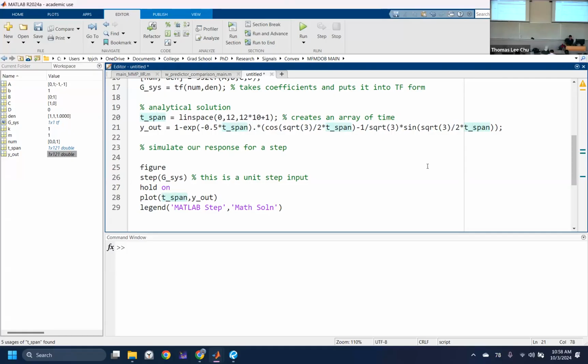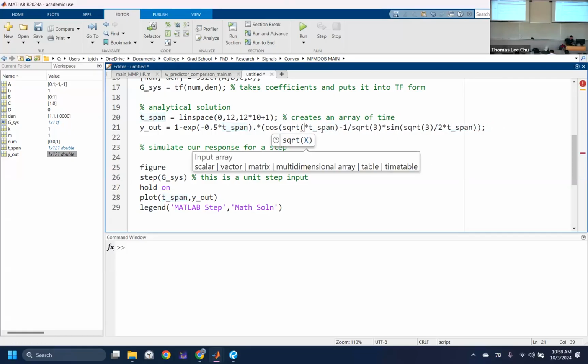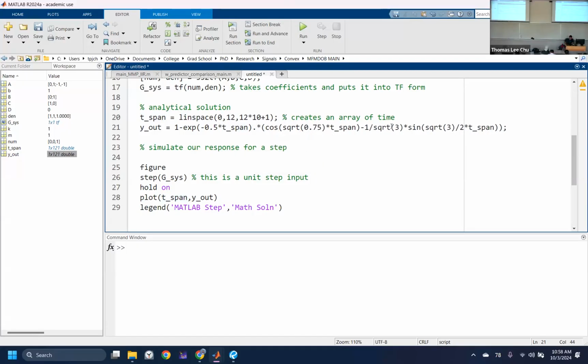Okay, so I actually did this slightly differently in my original example. I just did the square root of 0.75, so I actually have a different solution. It should be the same, actually, but I deviated from my notes a little bit today.